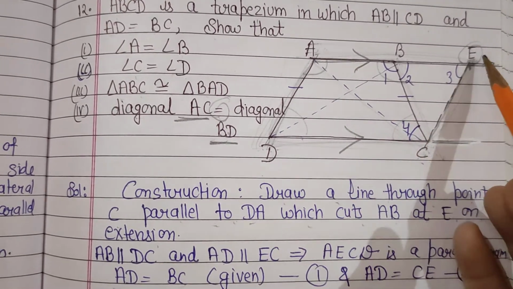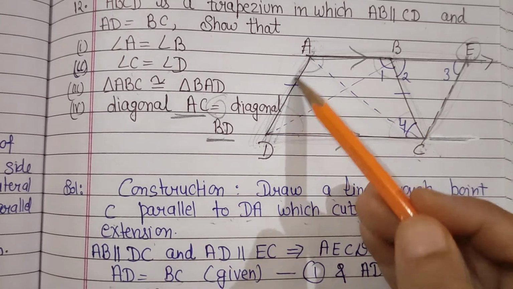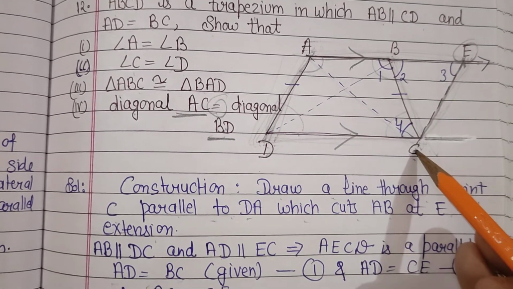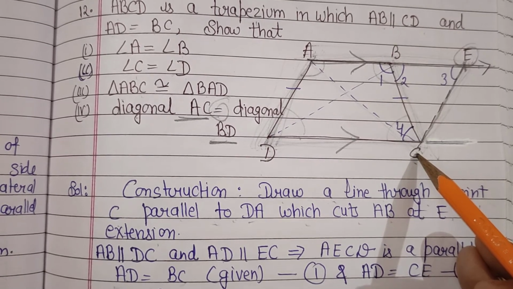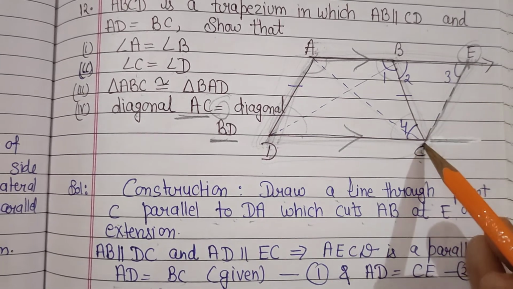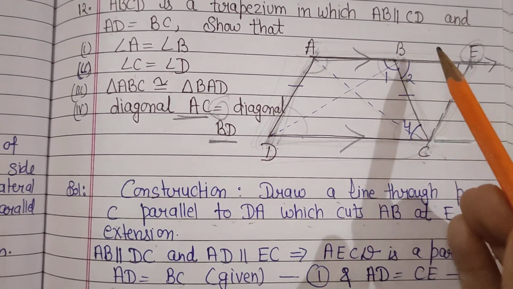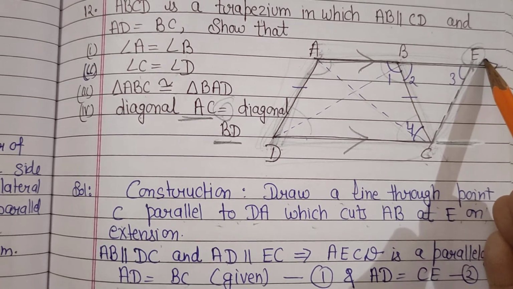So, AD is equal to EC. AD is equal to BC, given. AD is equal to EC. By construction, we have taken them parallel lines, and we have shown that this is a parallelogram and the opposite sides of parallelogram are equal. So, we can say BC is equal to EC.